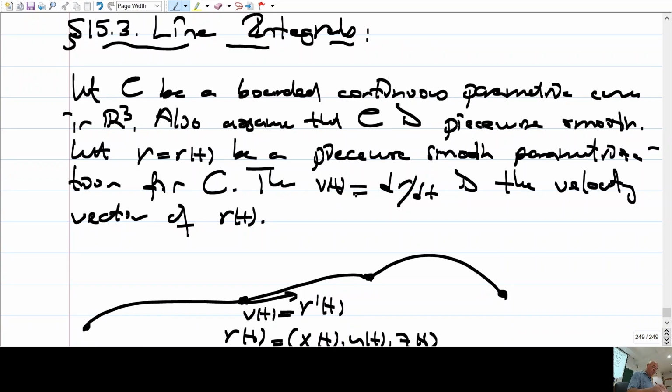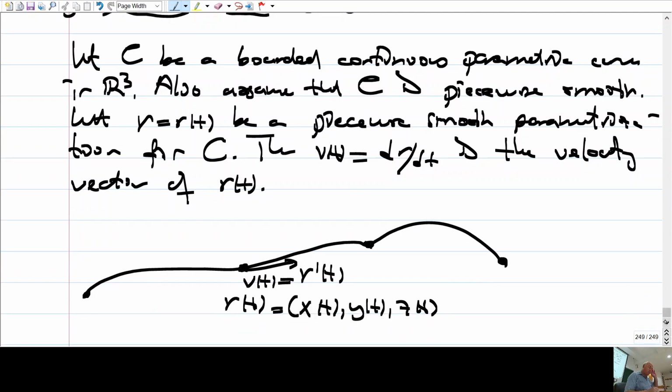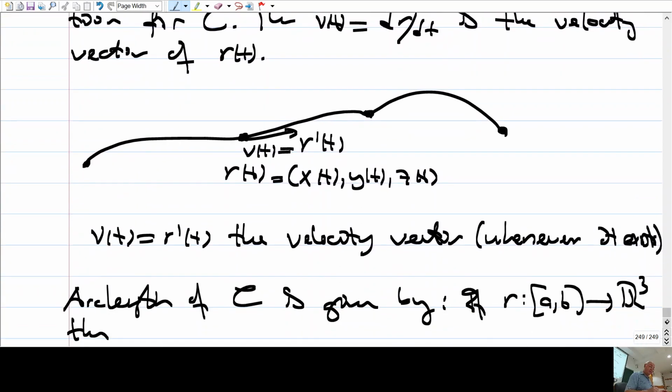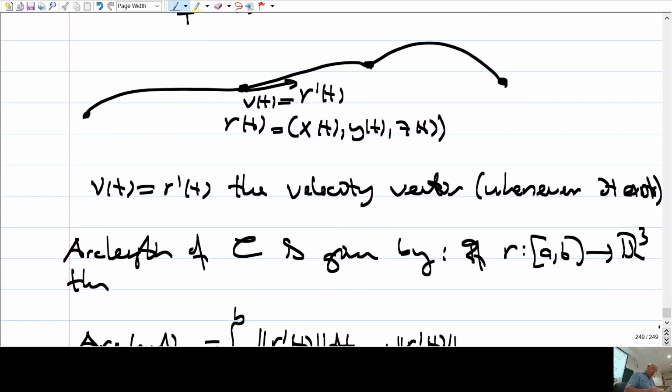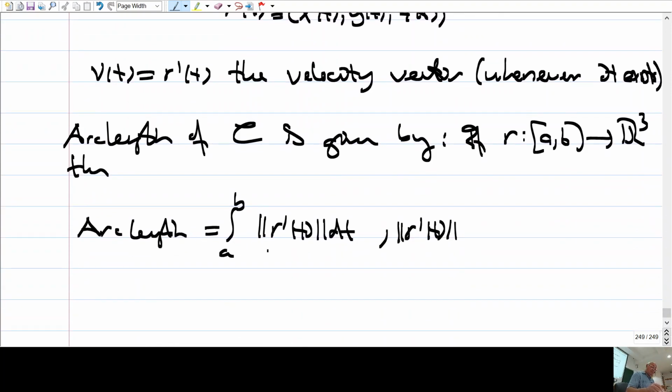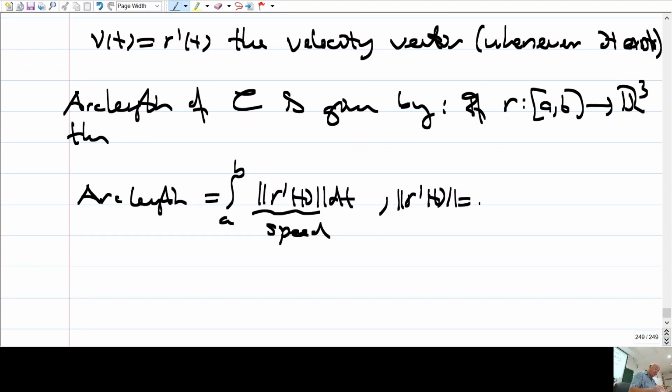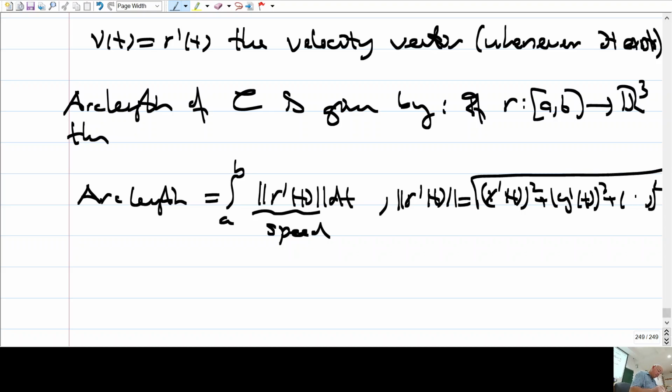By v(t), we denote its velocity vector. Then the arc length of this is just the integral of speed over the time interval a to b, and this is nothing but the integral of the square root of x prime t squared plus y prime t squared plus z prime t squared.